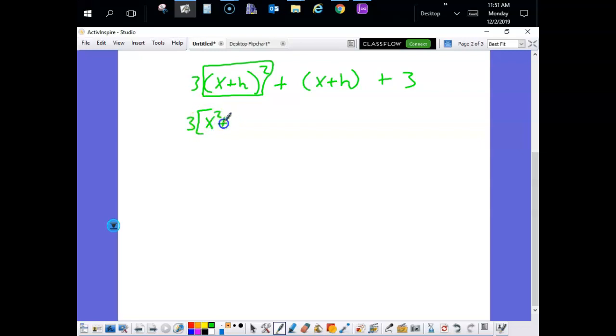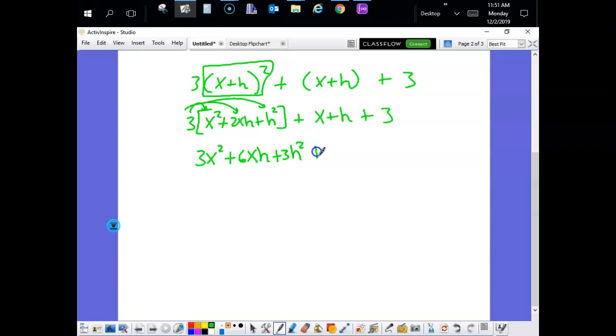It's x squared plus 2xh plus h squared. This one's going to stay the same. We also need to distribute here. So we get 3x squared plus 6xh plus 3h squared, etc. And then I don't see any like terms that we can combine here.